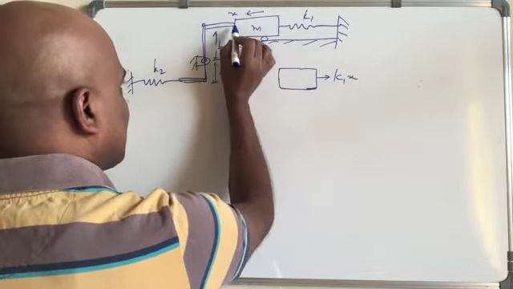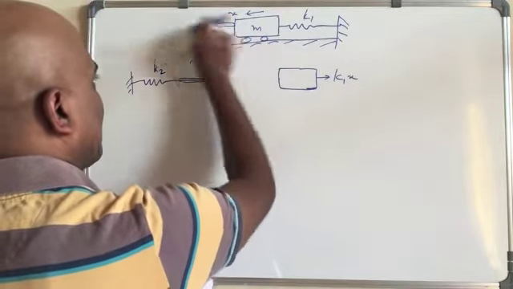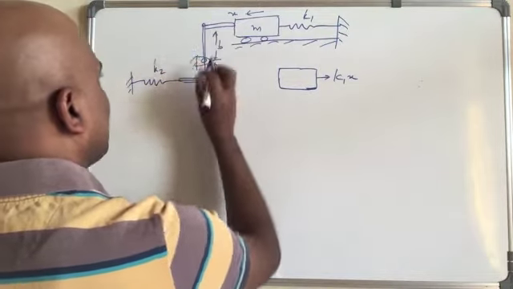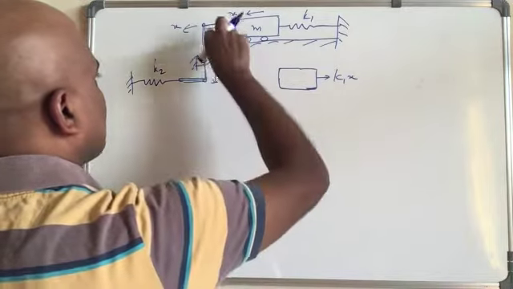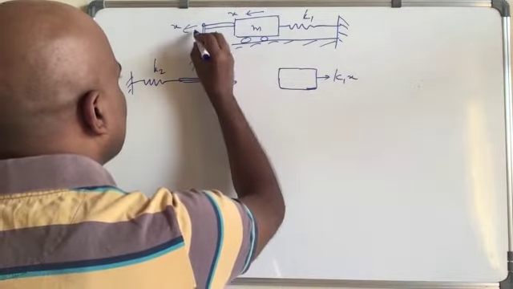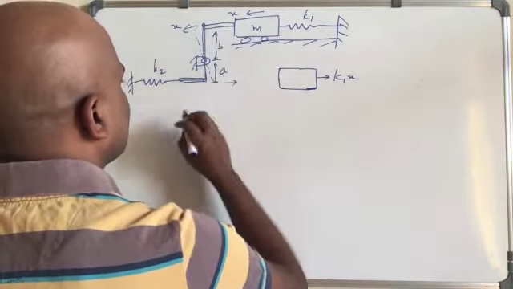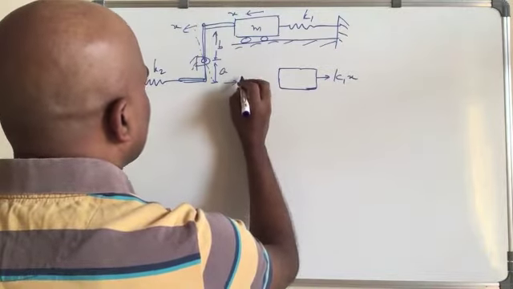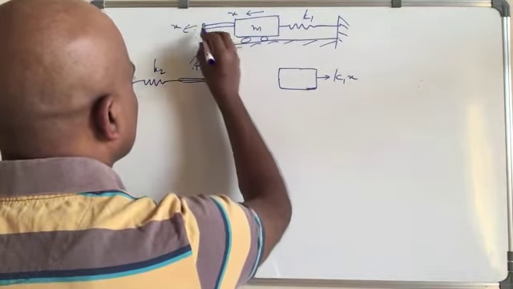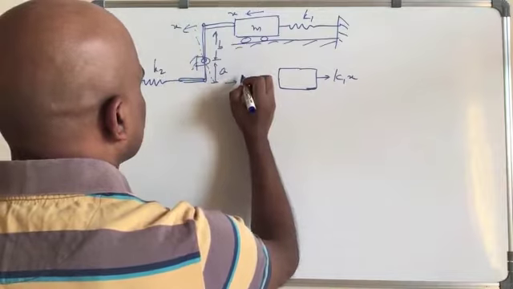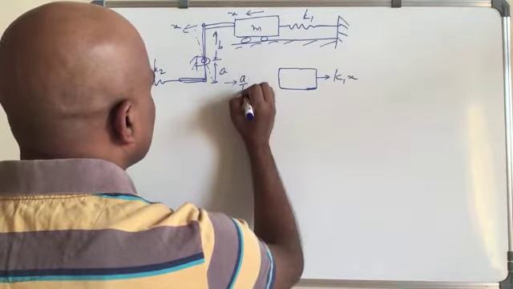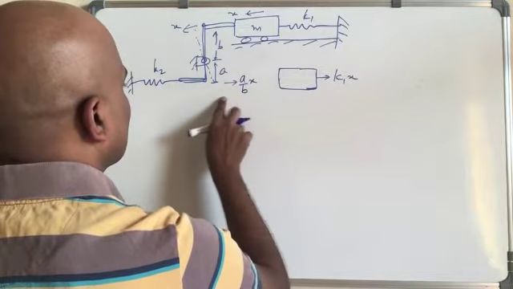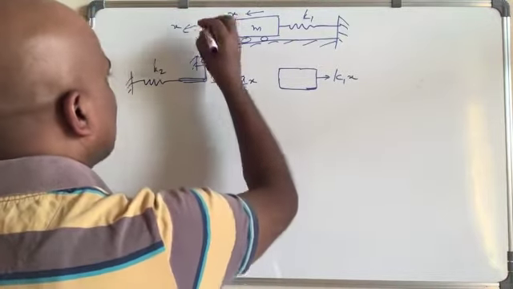Here, if it stretches like this one, it stretches like x there, here it is x. So here this will be, by geometry, it will have the same angle, right? So that means here this will be the x, and a over b times x will be going like this one, because they will be proportional.